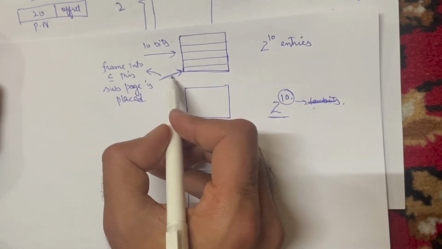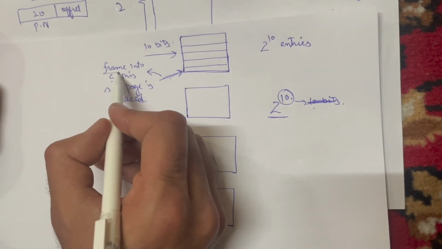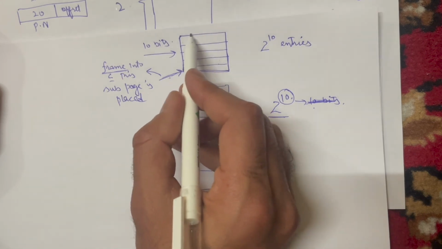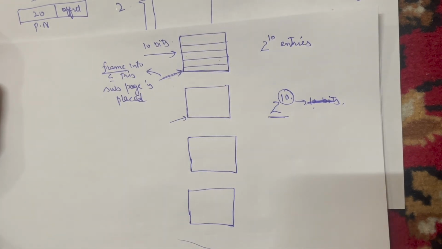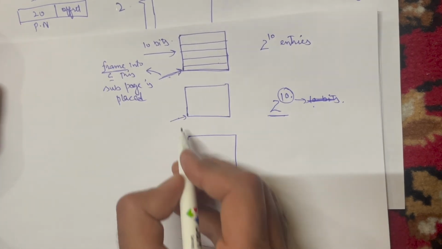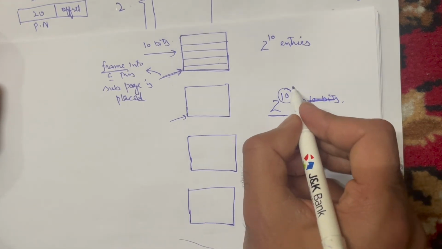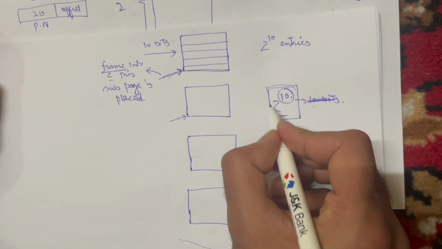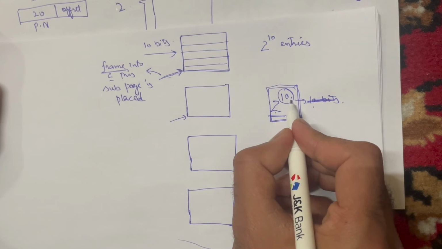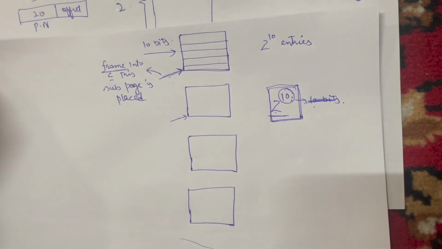The base address will be the starting address of that particular frame where this page is stored. How many base addresses will there be? Total 2 raised power 10 base addresses, because we have 2 raised power 10 subpages.